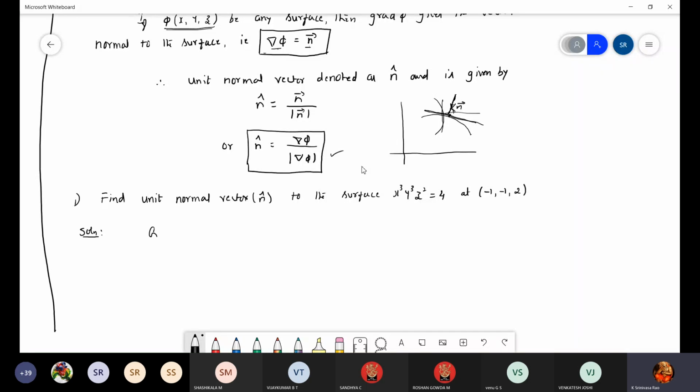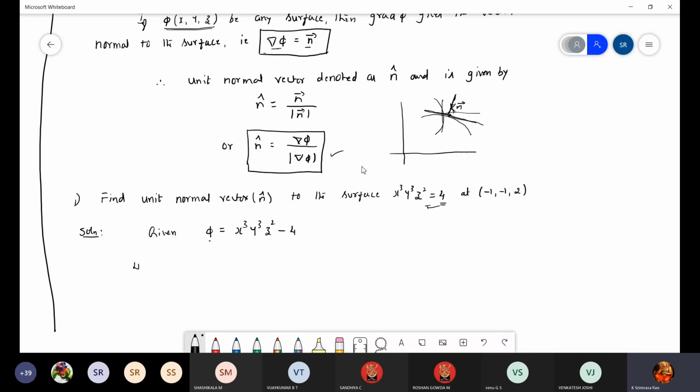Given phi equals x cube y cube z square, and take that 4 to the left hand side, minus 4. Whatever constant they give on the right hand side, you have to shift it to the left side and assume the RHS is 0, and the complete LHS you take as phi.